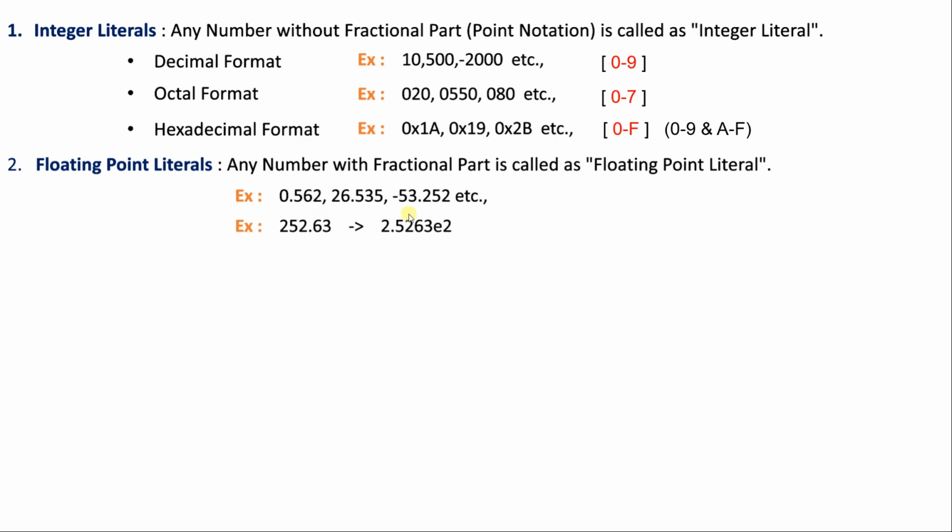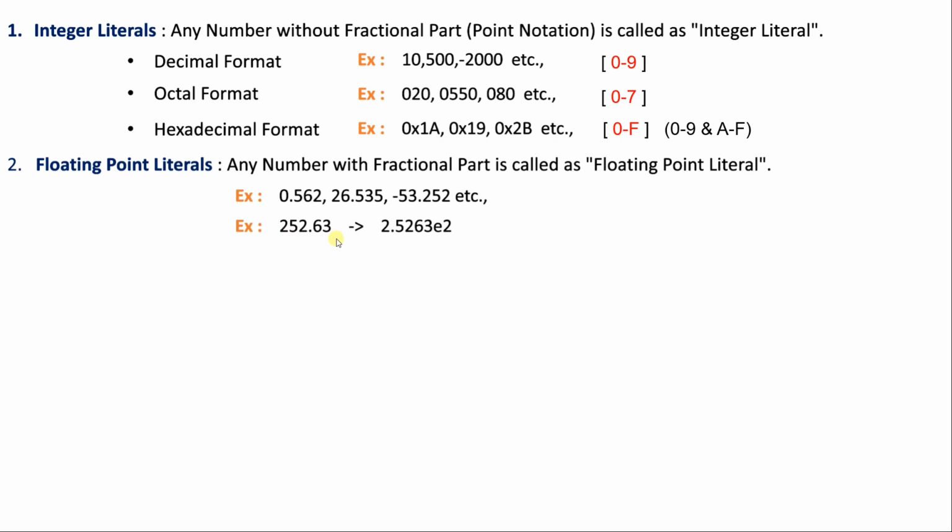See the below example. Here 252.63 can be represented in exponential form as 2.5263 E2. Here this E2 means multiplying the remaining number, that is this 2.5263 with 10 square, which results in 252.63.